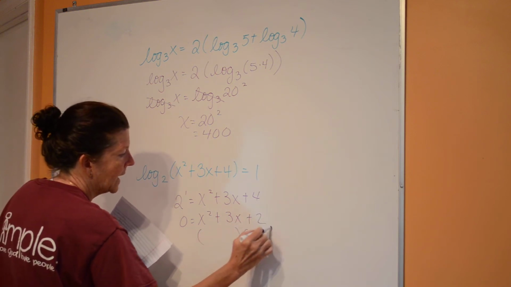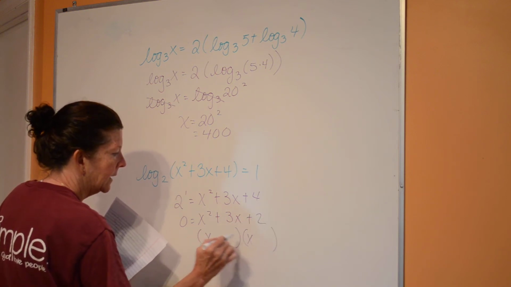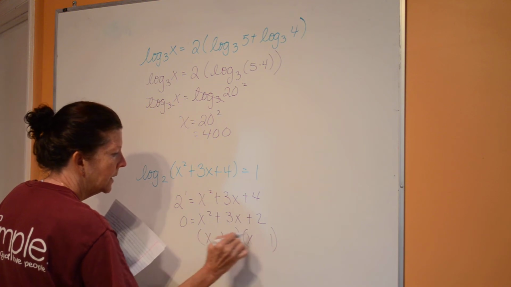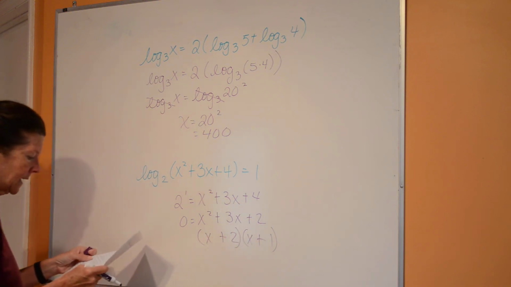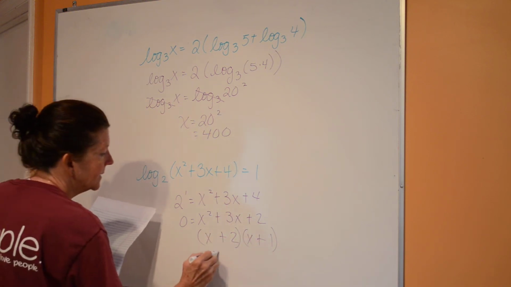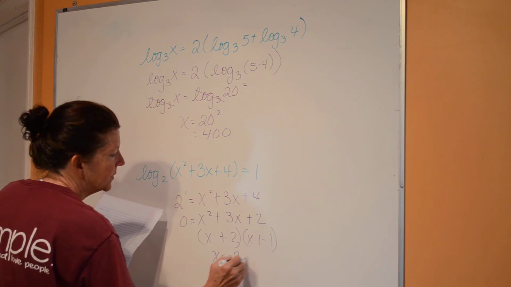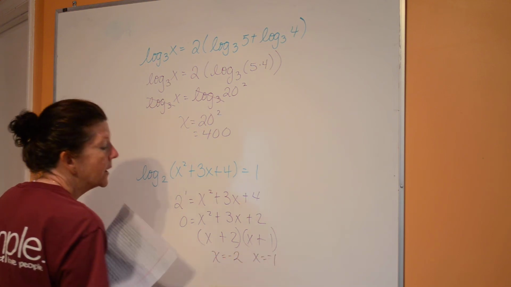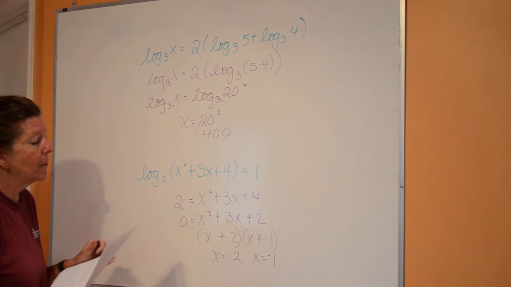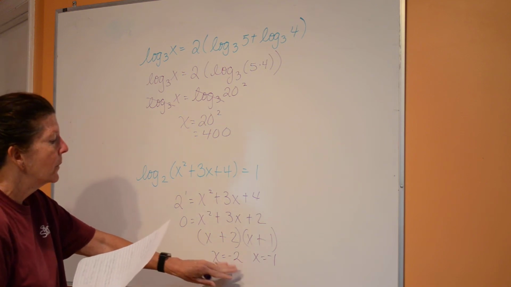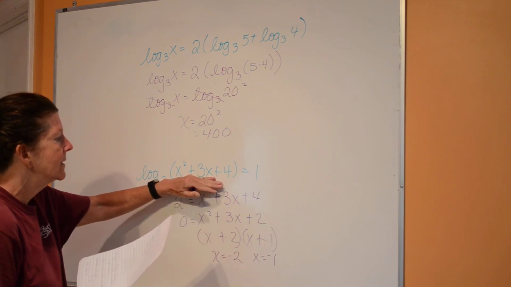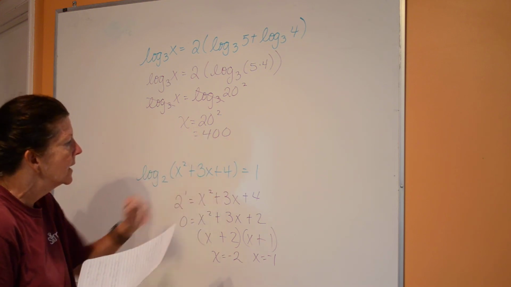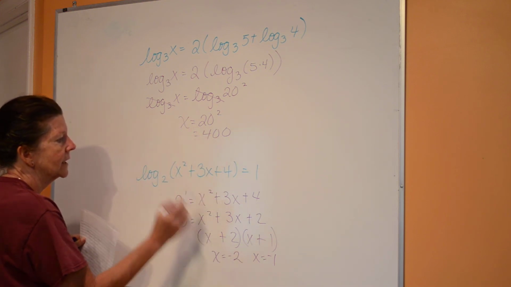I'm going to do this out. So I have x and 2 and 1. And when I solve this thing, I'm going to get x is equal to negative 2 and x is equal to negative 1. Now we know sometimes there's a problem with a negative, but we have to plug it in and see if it gives me a negative in the parentheses.